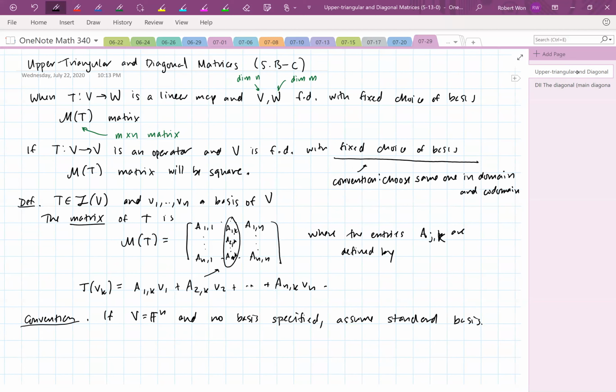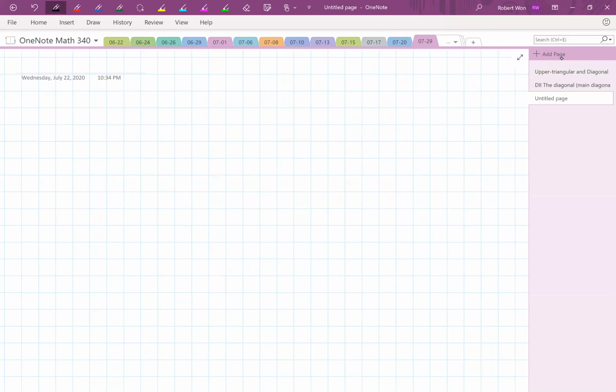So a very key idea in linear algebra, in machine learning and data science and statistics, is to choose a basis of the vector space that gives you a nice matrix. This is a very fundamental idea.